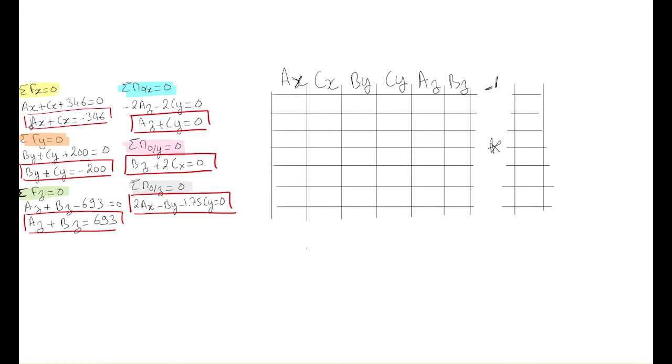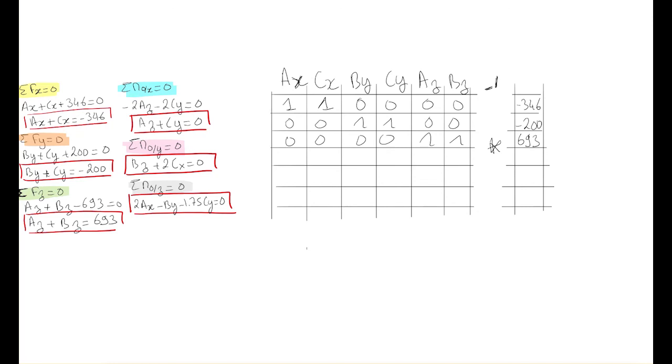So for this first equation, AX is 1, CX is 1, everything else is 0, and minus 346. Then 0, 0, 1, 1, 0, 0, and minus 200. This one, 0, 0, 0, 0, 1, 1, and 693.